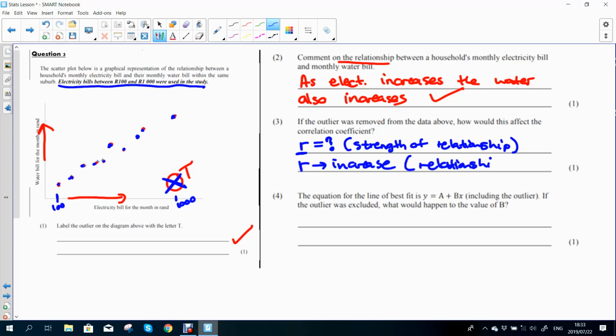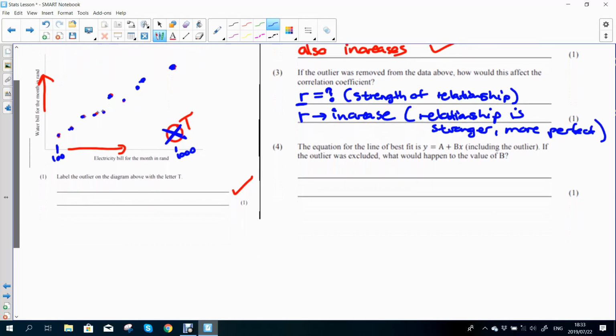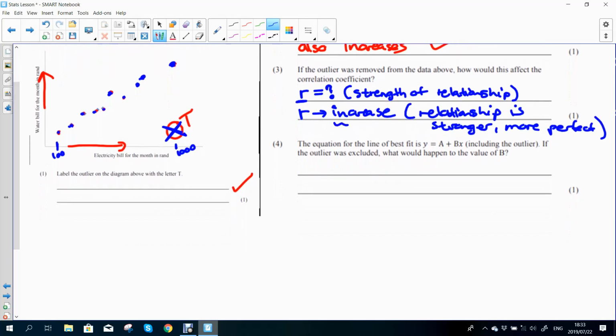You can also say it's more perfect, because the dots are all close to one another. We don't have to worry about this random one here at the bottom that is part of the results. We can actually ignore it, and that makes our relationship stronger and more perfect, which means that little r will increase.